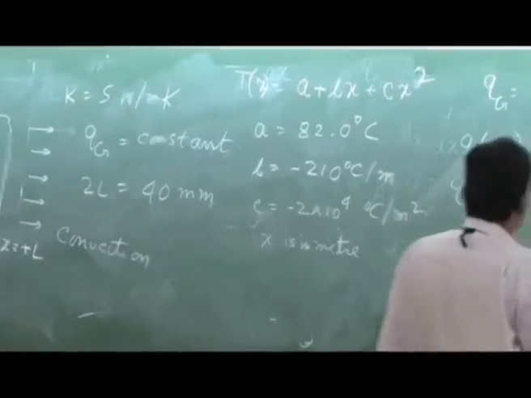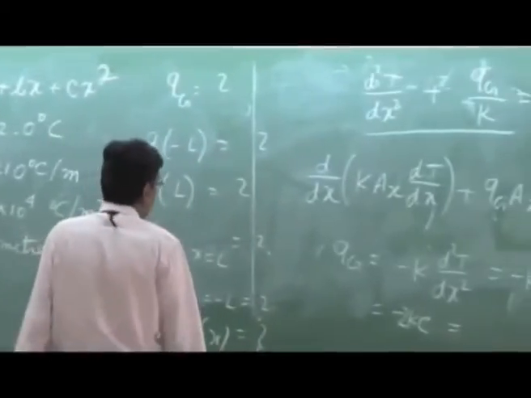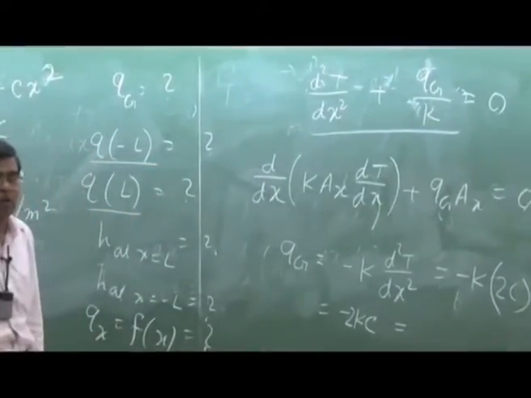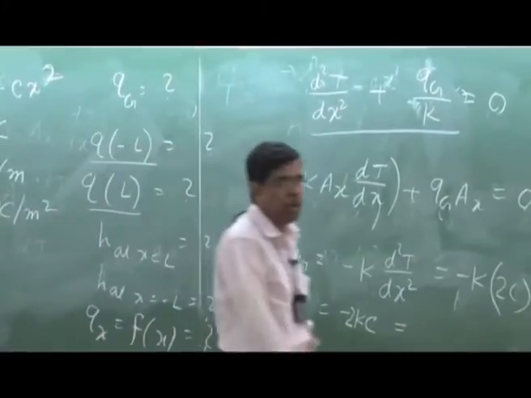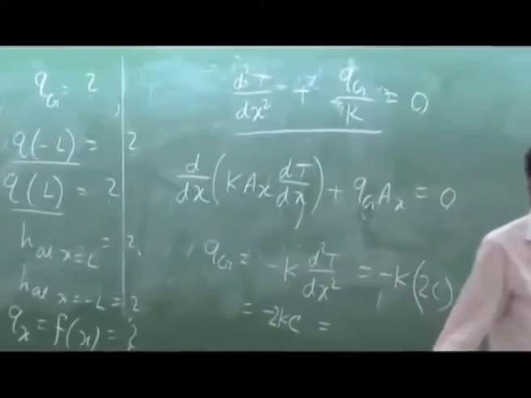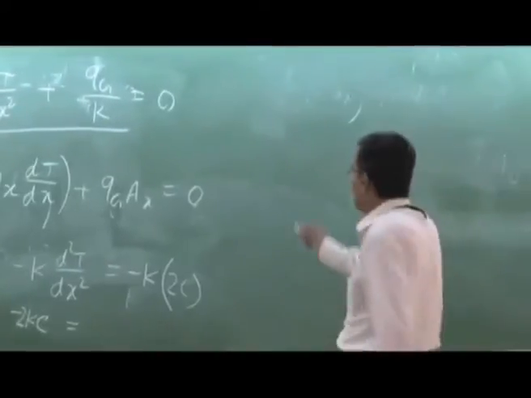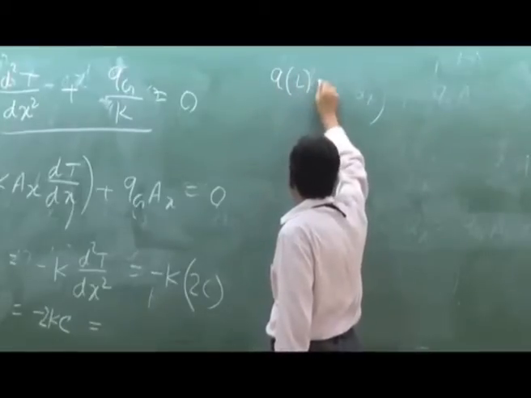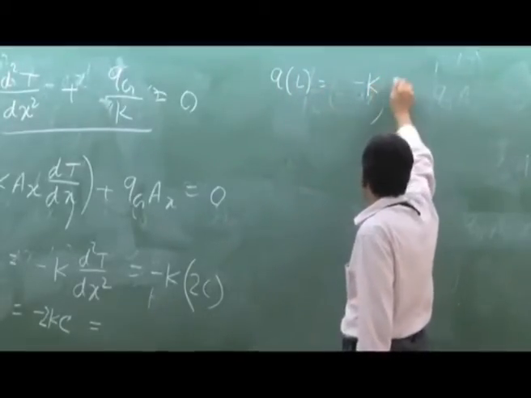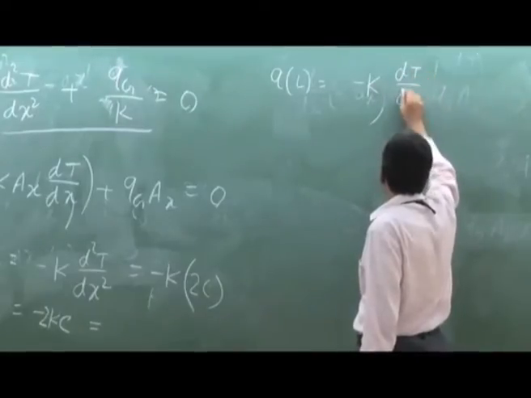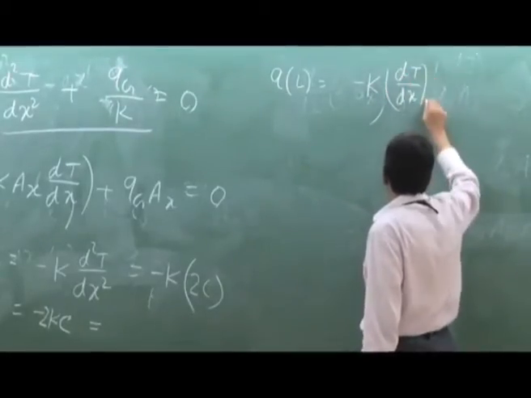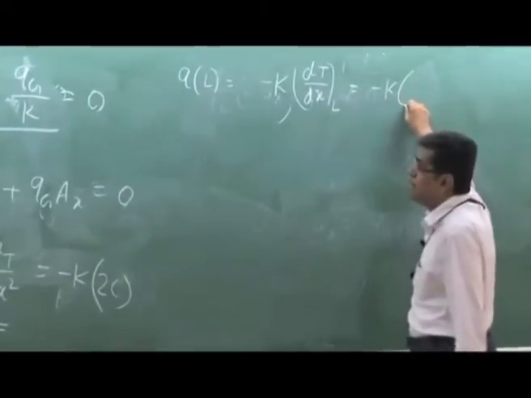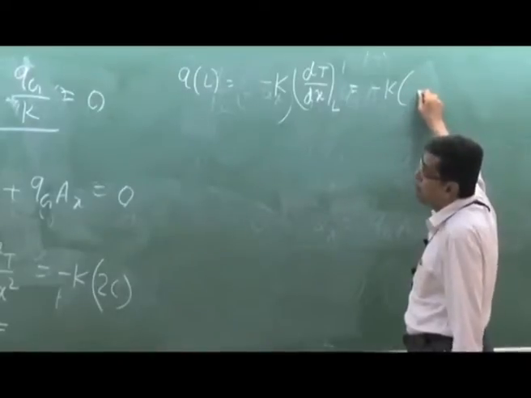Okay. Now the next part is how to find out the heat flux q at minus L and q at plus L. How to find out? Very simple. q at L is minus K dT/dx at L. What is dT/dx?